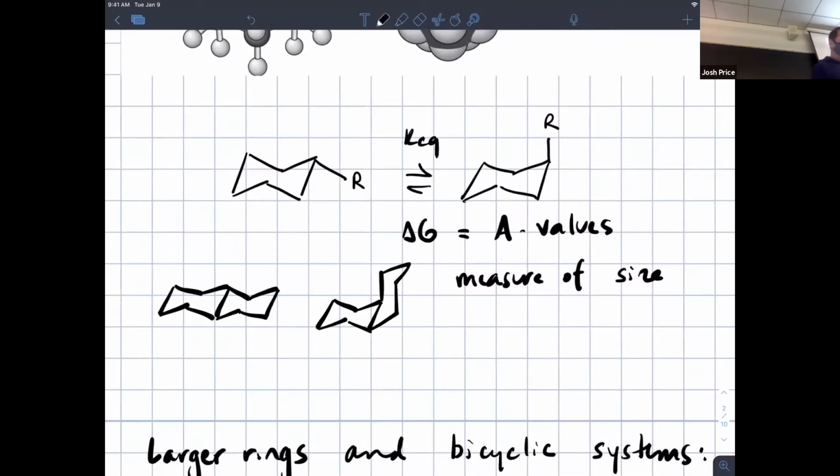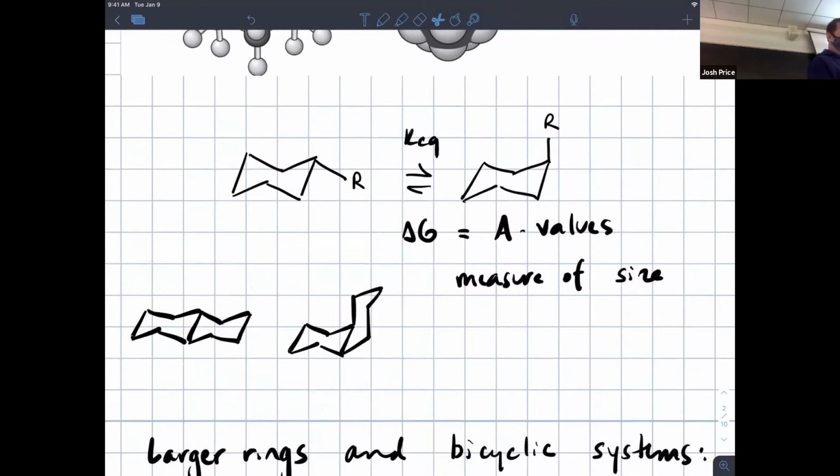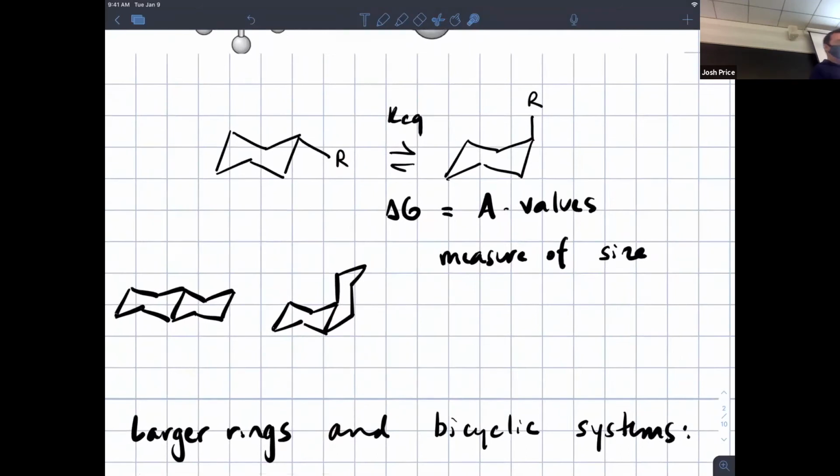One of them can chair flip and the other can't, and it can be difficult to tell why, but you may be interested in looking at that. Steroids are molecules that have lots of fused cyclohexane rings. Some have a cis decalin type arrangement. Most of them have the trans type arrangement, but that can be interesting. All right.